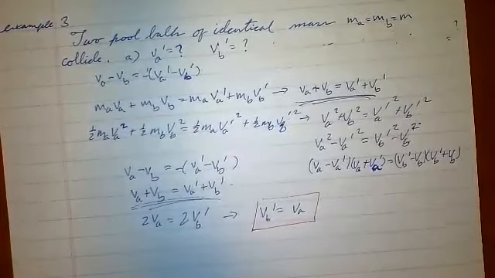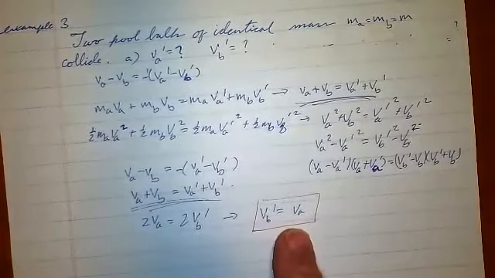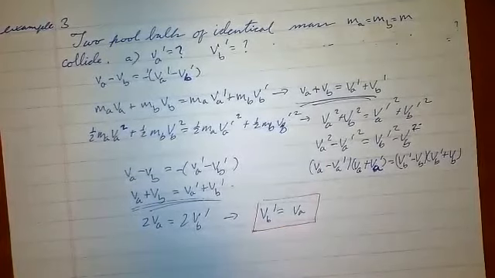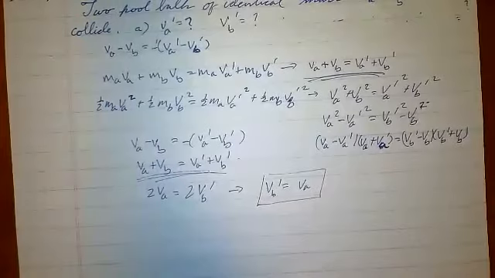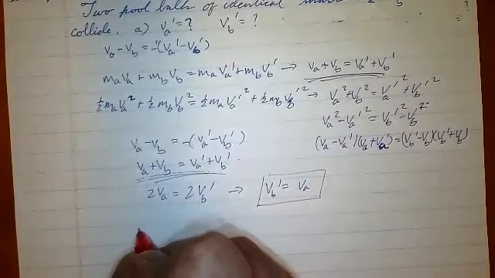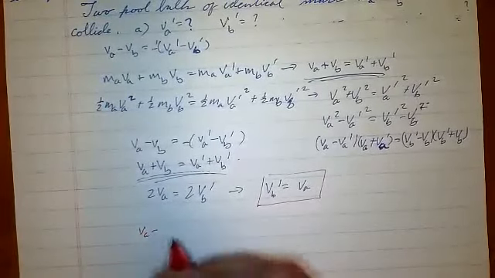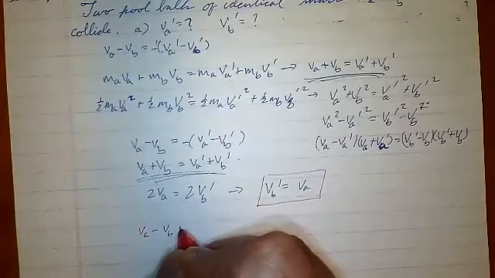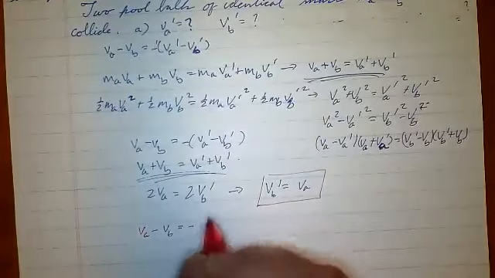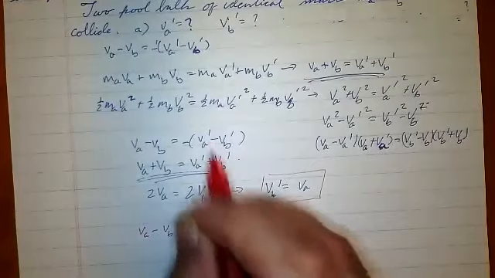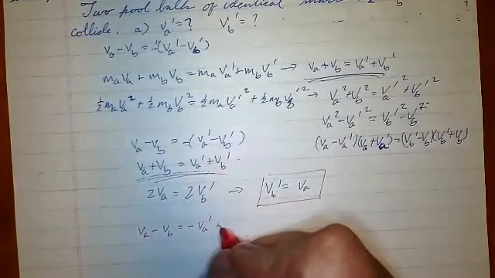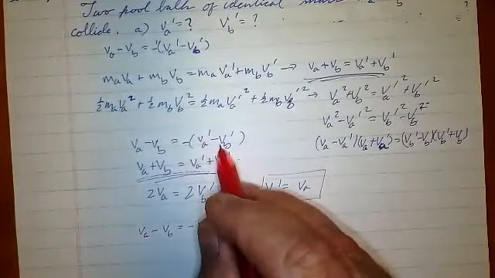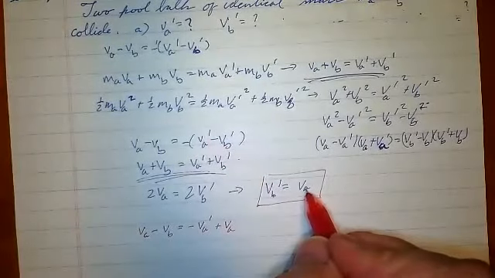Now, if we use this to put in another equation, say this equation right here, then we'll get VA minus VB equals negative VA prime. I'm distributing that negative there, and this becomes positive, so plus VA, because VB prime is VA.